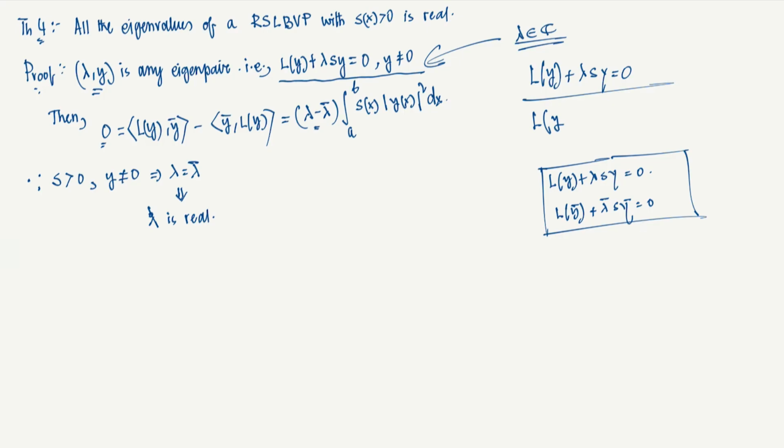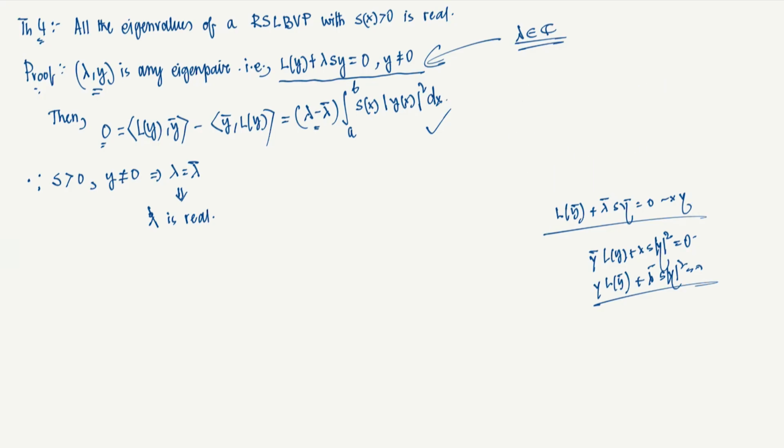Once I do this, if you multiply this thing by y bar and that thing by y, then y bar L of y plus lambda S mod y squared is going to be 0, and again y L of y bar plus lambda bar S mod y squared is going to be 0. Now you just take the difference, and since S is positive and y is non-zero, lambda has to be equal to lambda bar. I hope this is clear now.